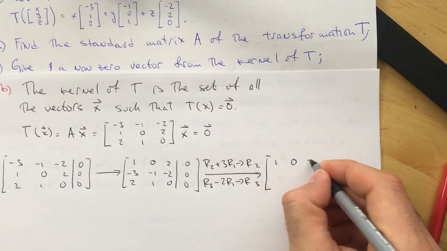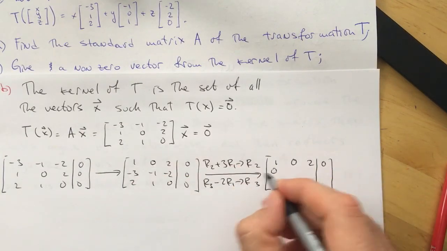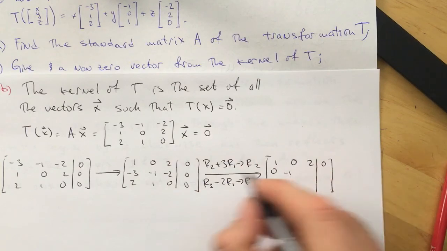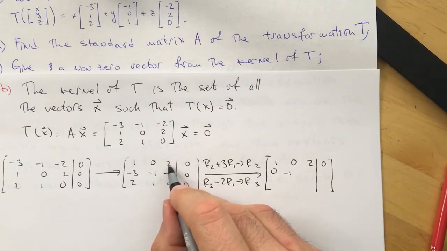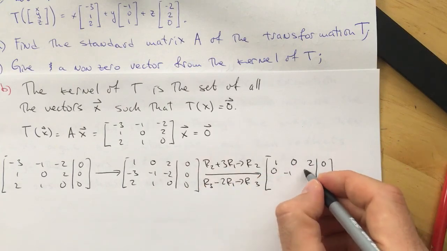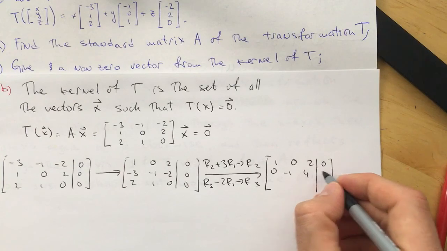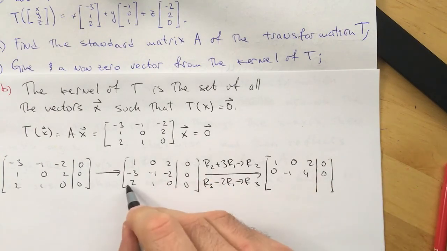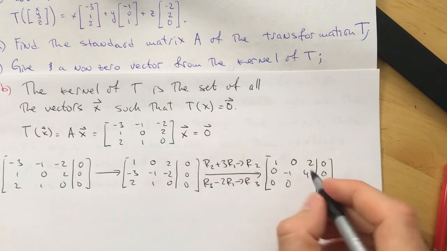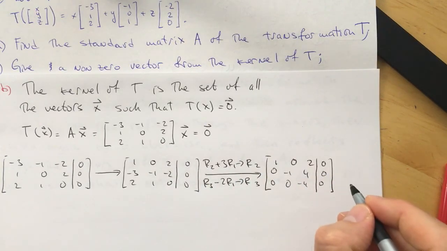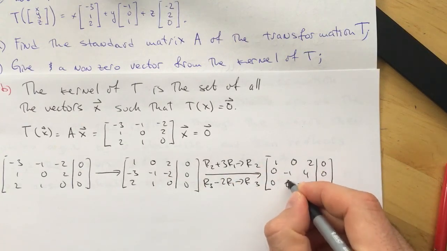Negative 3 plus 3 is 0. Negative 1 plus 0 is negative 1. Negative 2 plus 3 times 2, 3 times 2 is 6, so 6 minus 2 is 4. 0 minus 0 is 0. And then 2 minus 2 is 0. 1 minus 0 is 1, sorry.